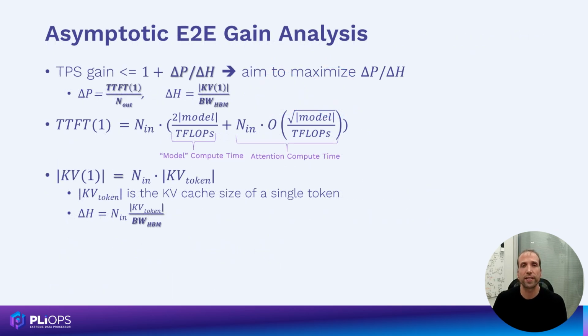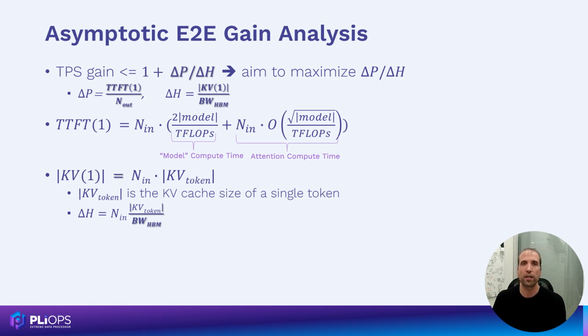Now that we've established how KV cache offloading increases batch size and improves throughput, let's take a step back and understand what fundamentally dictates the end-to-end gain. The key insight here is that the maximal TPS improvement is bounded by this term, 1 plus delta P over delta H. This means that even with infinite prefill speedup, the overall system gain is determined by two key terms: delta P, which represents the prefill impact on TPS, and delta H, which accounts for the memory bandwidth cost.